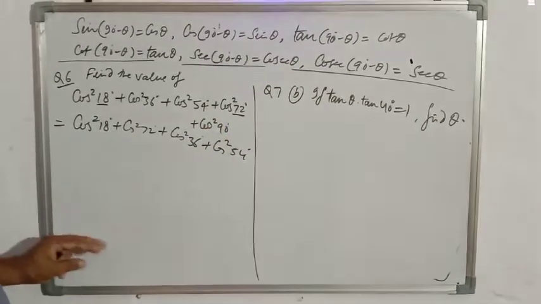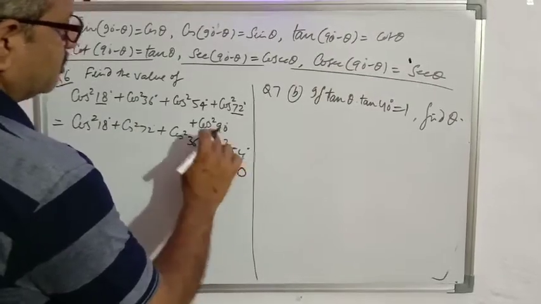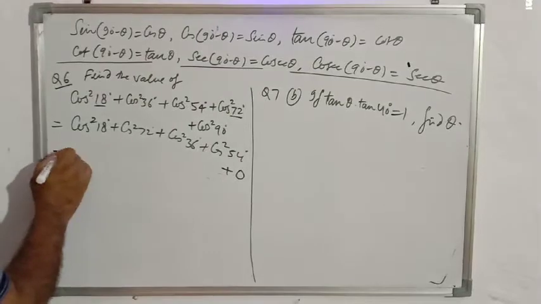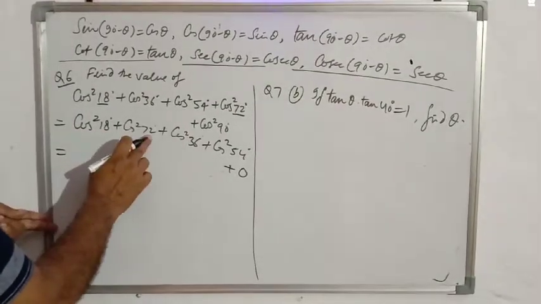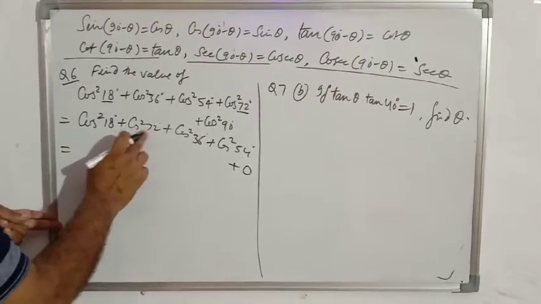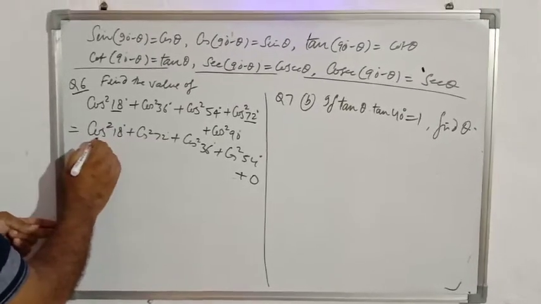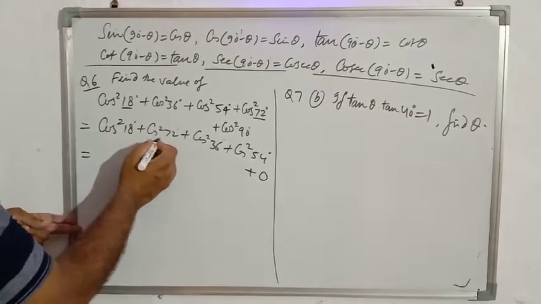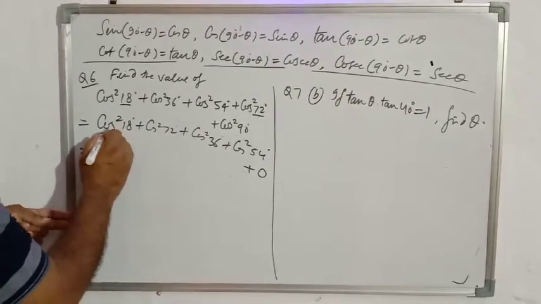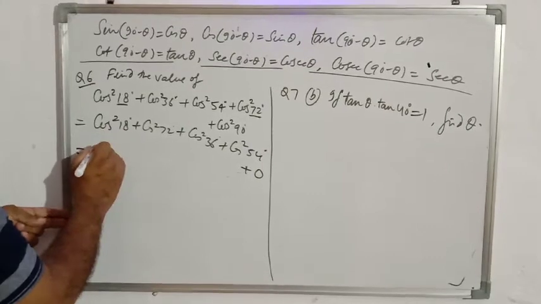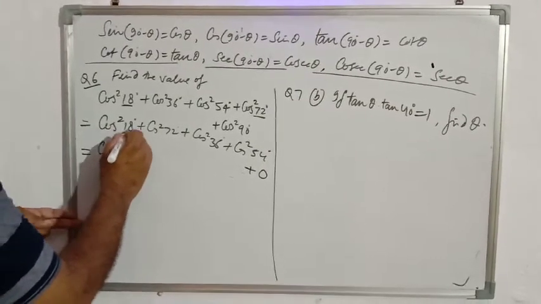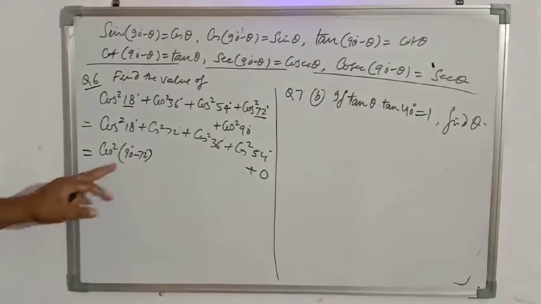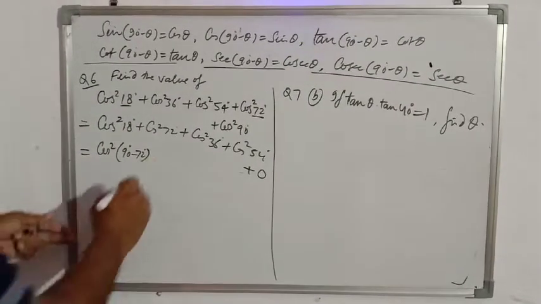Cos 90 value is 0. 18 plus 72 is 90, both are complementary angles, so we will change one of them, either cos square 18 into sine or cos square 72 into sine. So I am going to change this one, cos square 18. In place of 18, we will write 90 minus 72.